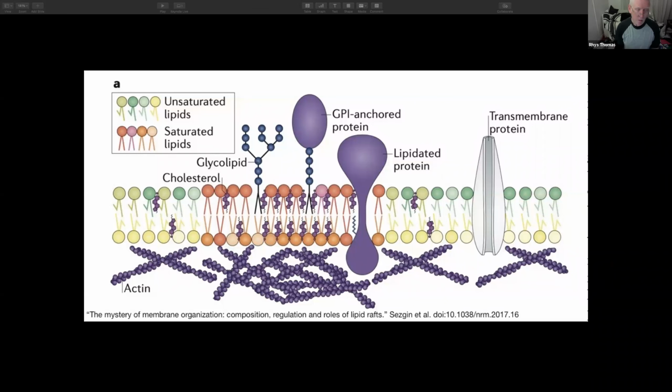So what this lipid raft theory suggests is that saturated phospholipids and cholesterol, as represented on that diagram, come together and form these lipid rafts in a sea of unsaturated phospholipids and other types of proteins. A lipidated protein is one that has various types of lipids covalently bonded to it, so they're highly insoluble in water.